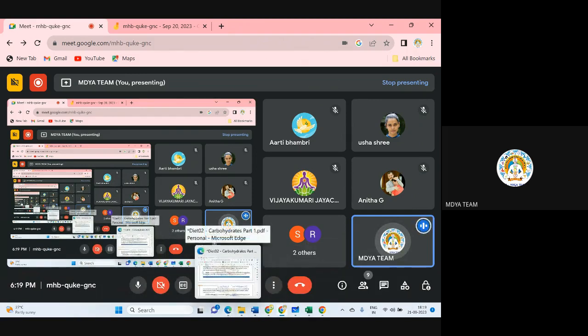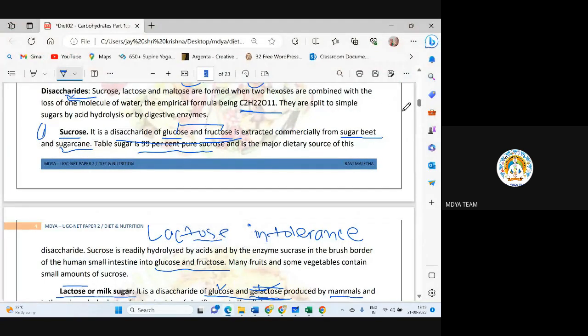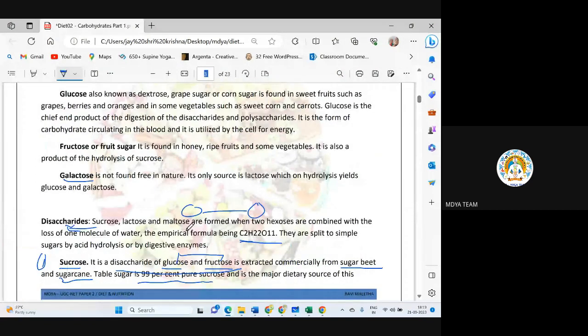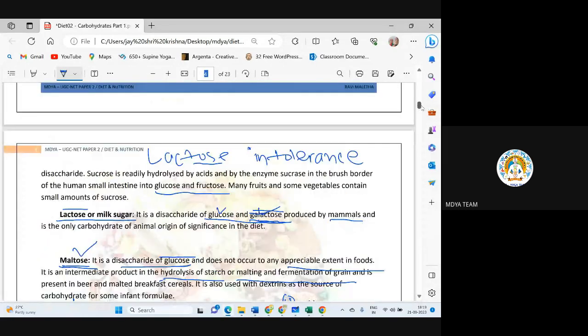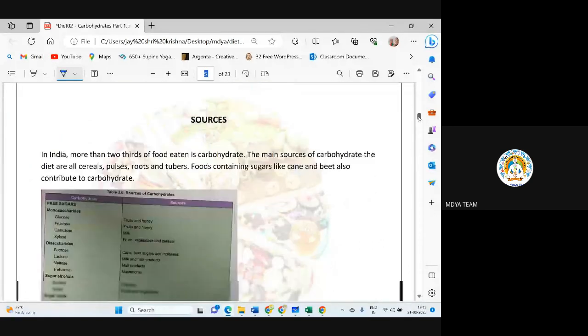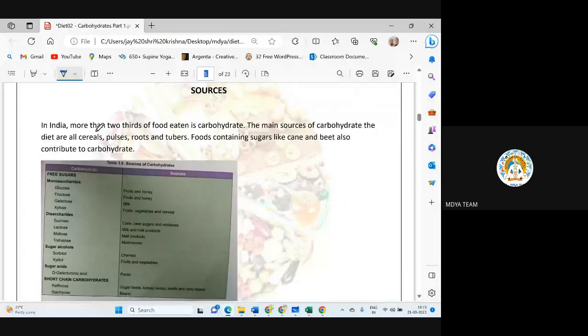Now we will move towards sources of carbohydrate. We already discussed some sources, like disaccharide present in sugar, fructose present in fruits, starch present in potatoes, cereals. In India, more than two-thirds of food eaten is carbohydrate.